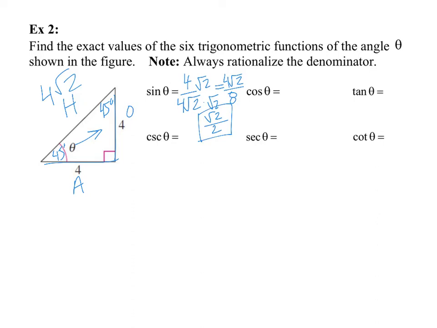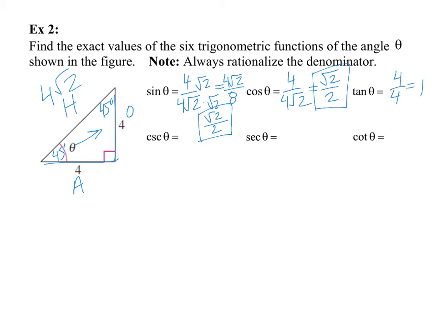All right, then I have cosine, which is adjacent over hypotenuse. And that's the same thing that we had before, so no need in doing the same work over again. All right, then tangent is opposite over adjacent, which is just 1.